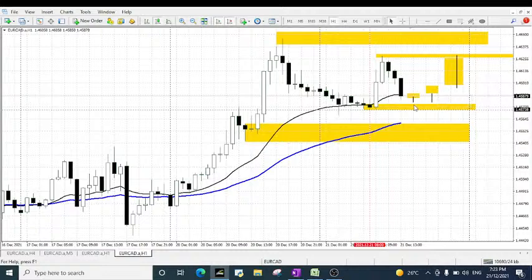But the scenario that I'm looking to see, because the first one didn't play out: come here, small candle, another small candle showing rejection, then we take it going up. That's the scenario we are looking for now.